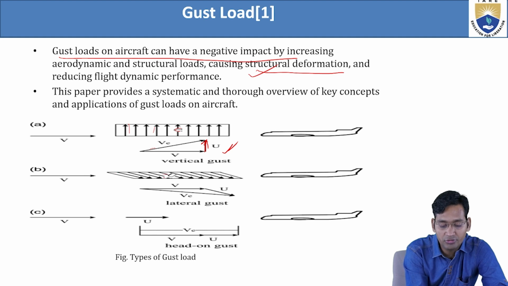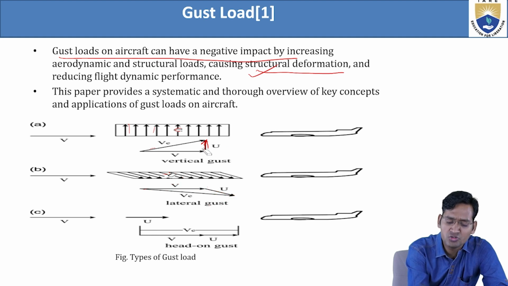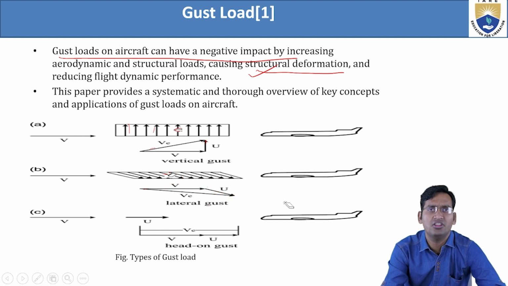In this figure you can see that curve is somewhat inclined, and that's why it is named as such. The resultant is again VE, V, and U is the gust load, and this is called the lateral gust. So according to the direction in which the gust load is acting, that is the name.